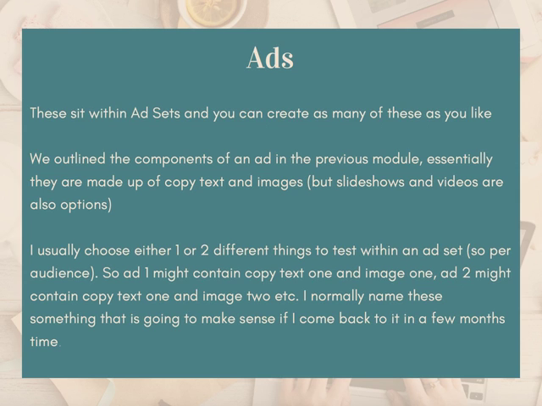So in that scenario, you're testing the copy text. Which one did better? Which one did more people click on, which one converted better for you, all of those things. So if you have the image the same and the text different, then you're testing the text.